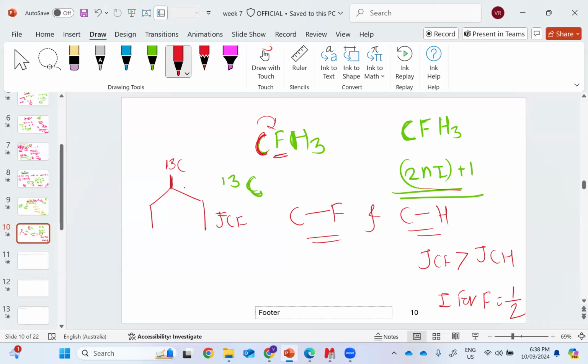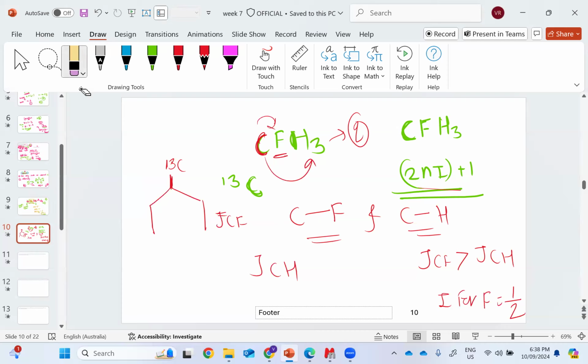And then we observe again the coupling due to the JCH. Because there are three hydrogens, it should show a quartet due to the three hydrogens. So it will be like this.